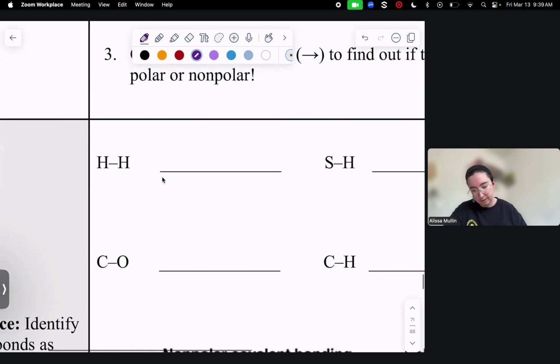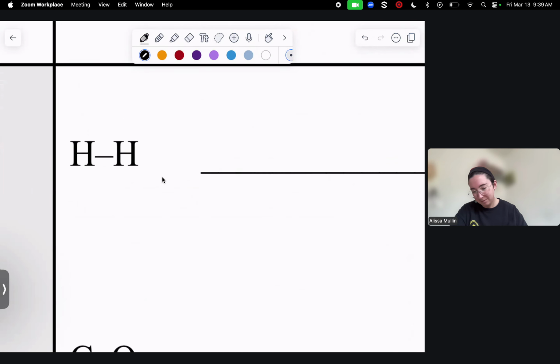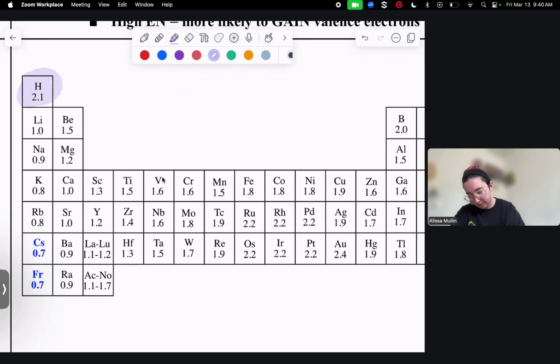So I'll do two with you, and then I want you to try them. Okay, so what we're going to do, we're going to look up the electronegativity. So again, that's in your packet. It's also on this table that you have on the previous page. So this question is about H. And I see right there that H has an electronegativity of 2.1.